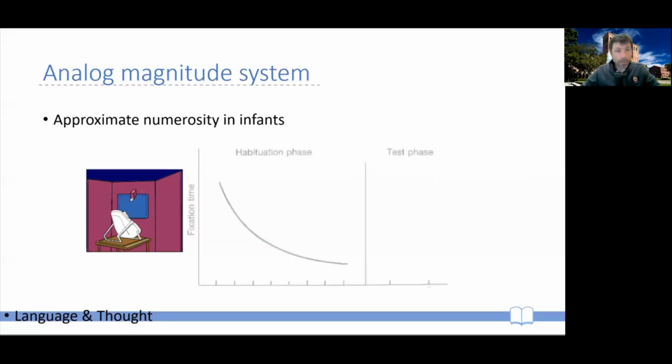The way in which this works is exactly the way we saw it in the context of color cognition. You would again put an infant in a baby chair in front of a screen. And on the screen in front of them, you might show a pattern of dots.